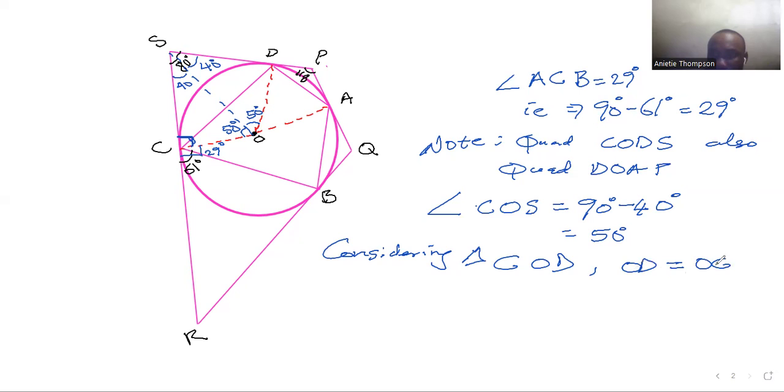These two lines are equal because they are radii of the circle. For that reason, it means that this particular triangle COD is an isosceles triangle.